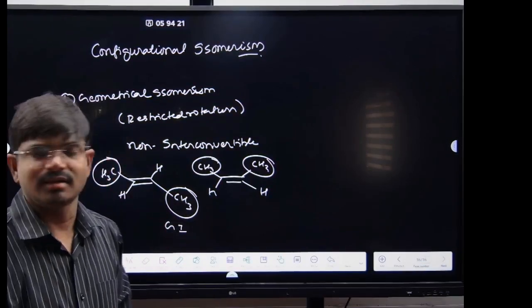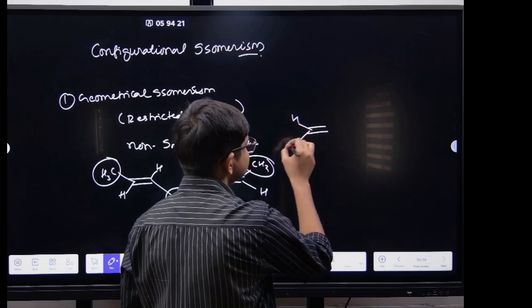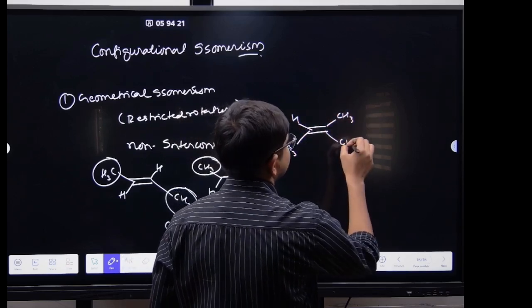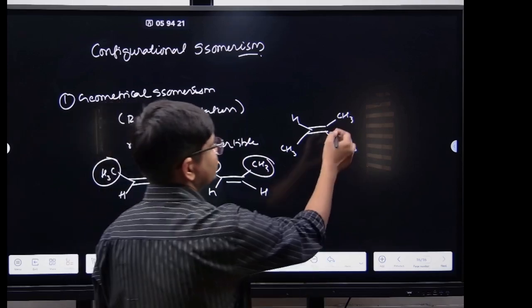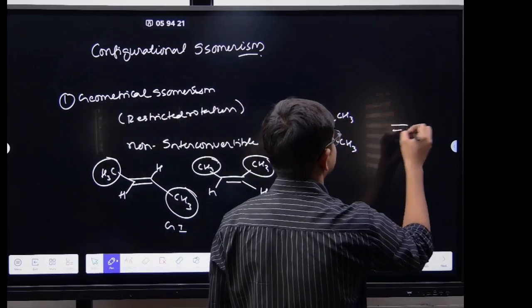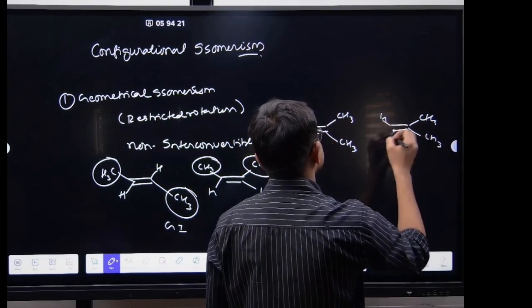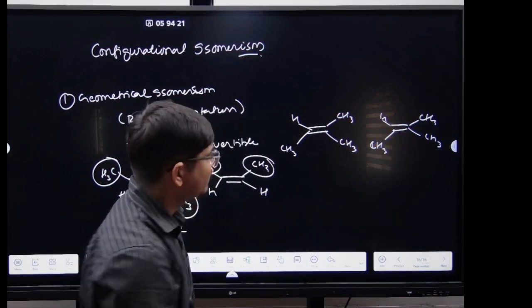Got it? Next example, you see, suppose you have this one, H, CH3, and you have the CH3 and the CH3. Got it? Understood? Now if I interchange with this one, you will be getting CH3, CH3, H and the CH3. Do you think there is any change in the geometry? No, right? The geometry remains the same.